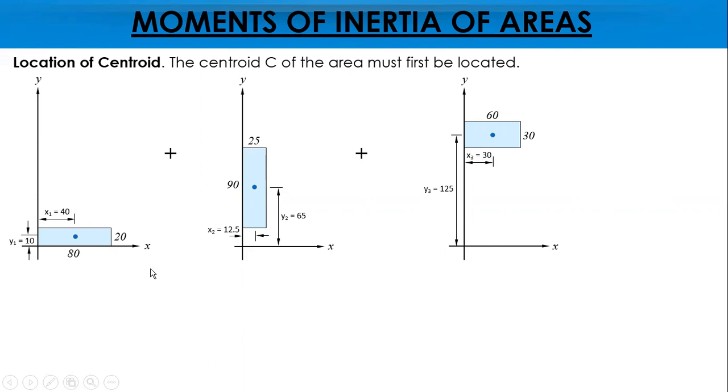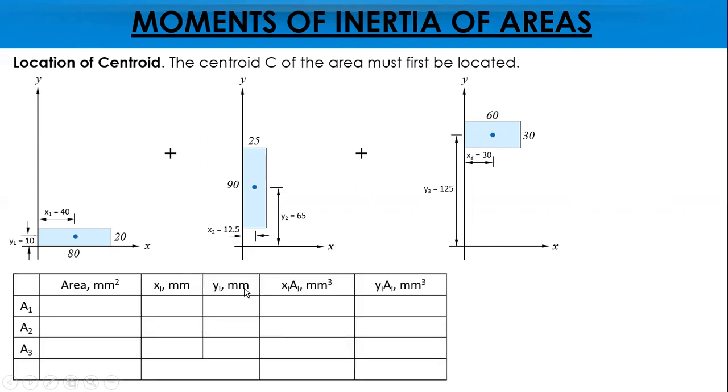After this, you construct a table and then supply values. Area 1, 80 times 20, 16. Area 2, 25 times 90, that's 250. Area 3, 60 by 30, 18. So you add them, the total is 5,650.